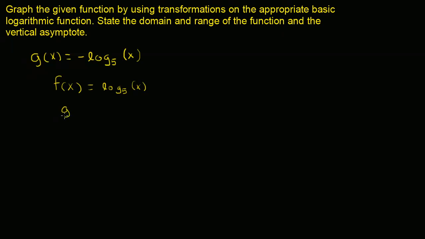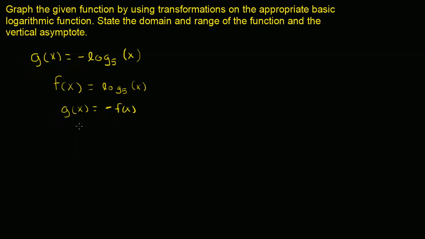So actually, what will those transformations be? Let's think of what g is with regards to f. Well, it looks like g and f are the same thing, except there's a negative. g is negative f of x. So what's this transformation? Whatever the value of y used to be, it's now the negative version of that y.